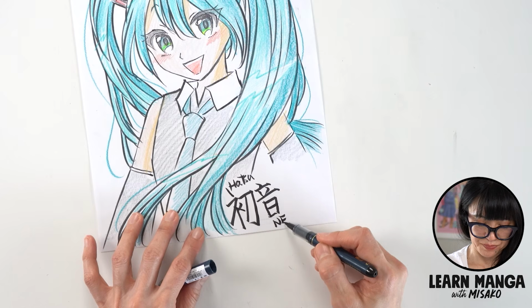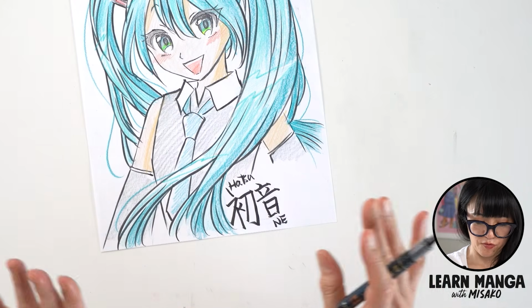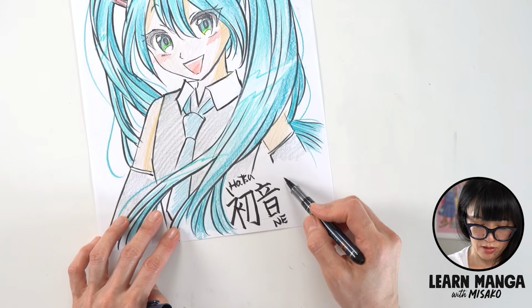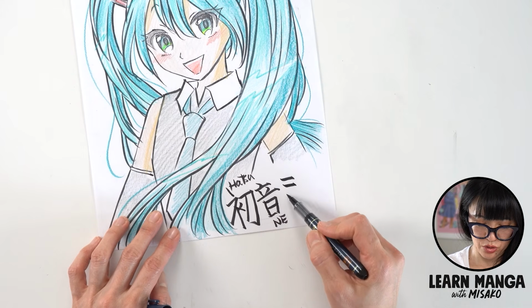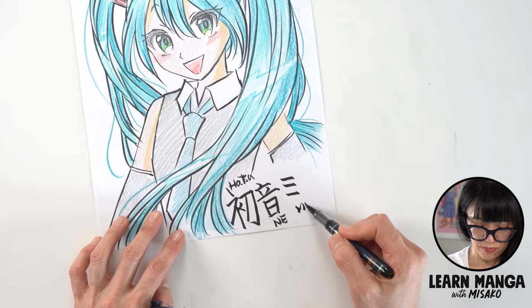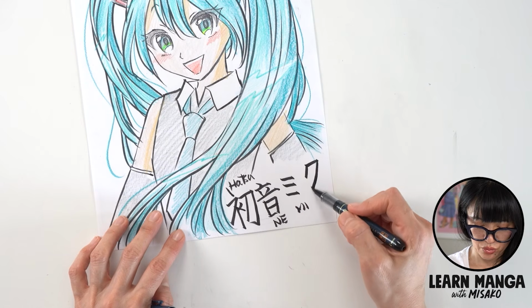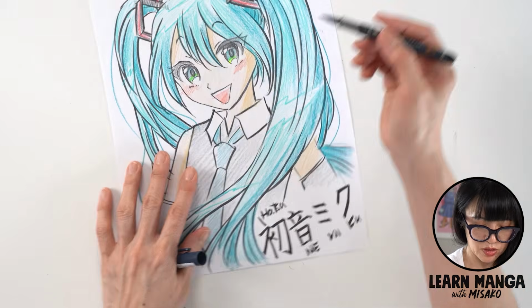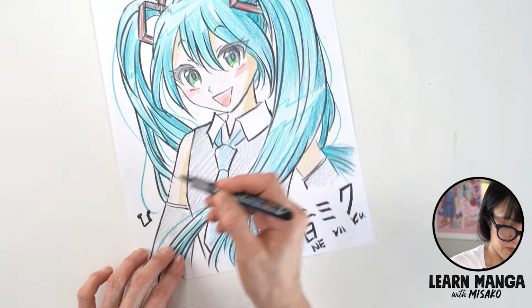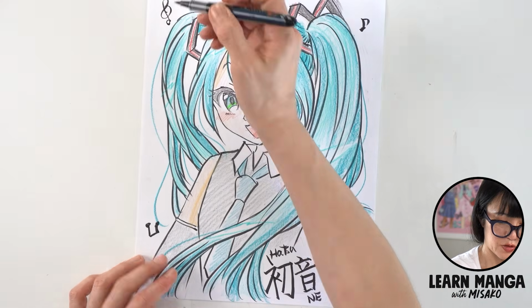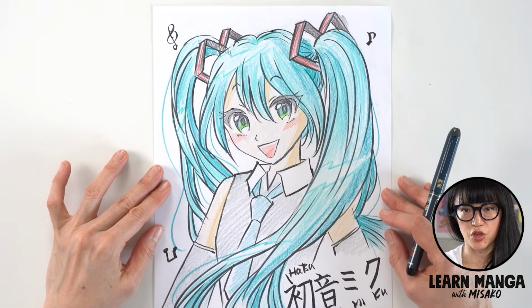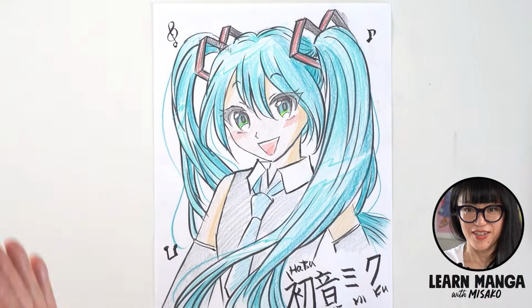Ne. Hatsu means first. Ne means sound. Miku, okay? This is more katakana. 1, 2, 3. Mi. 1, 2, ku. And let's add a little music note. If you can do that, I think it's super cute. Here we go. Good job.